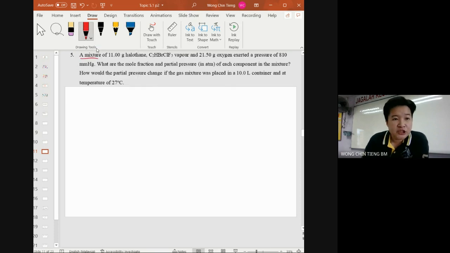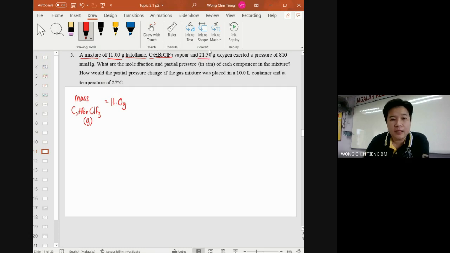We have a mixture of 11 gram halothane, which is your C2HBrClF3. So macam biasa kita tuliskan, I have my mass of your C2HBrClF3. So the mass is 11.0 gram. Vapor. Vapor means saya letak simbol gas lah.